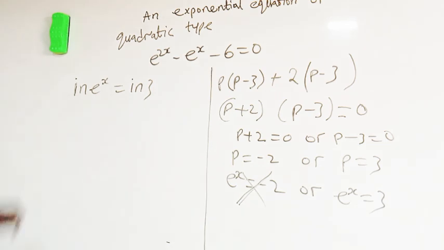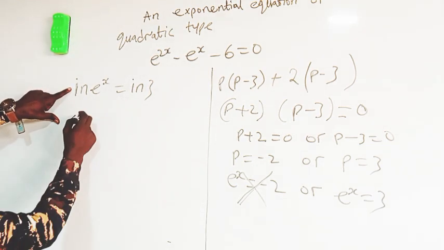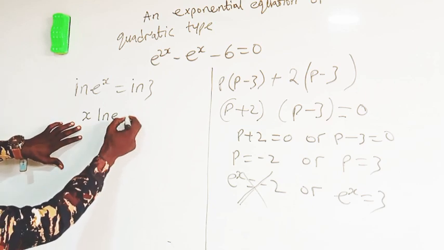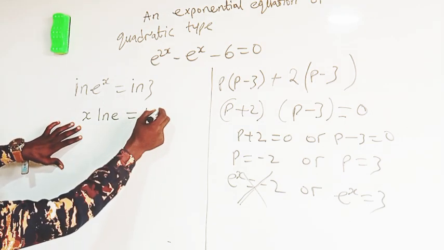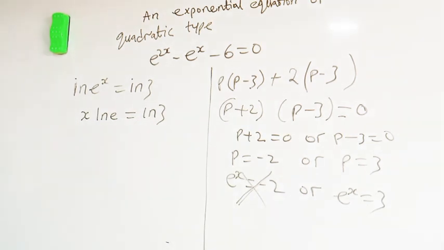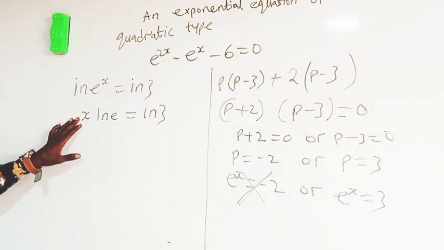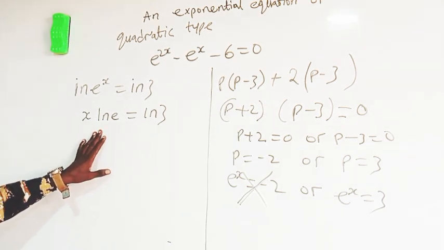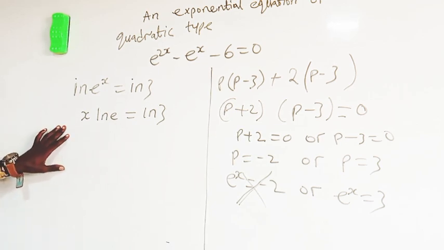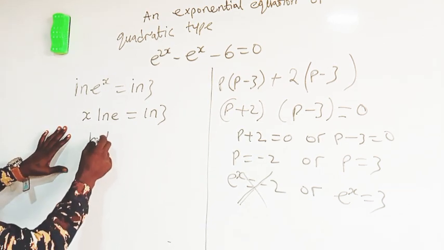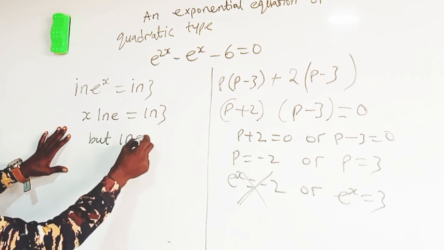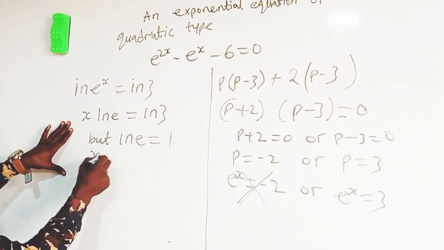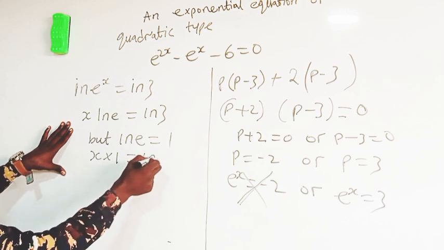So this can be written as x natural log of e is equal to natural log of 3. Since we are told to find the value of x, we know that whenever you have natural log of e, represent it as 1. So this can be written as x times 1 is equal to natural log of 3.